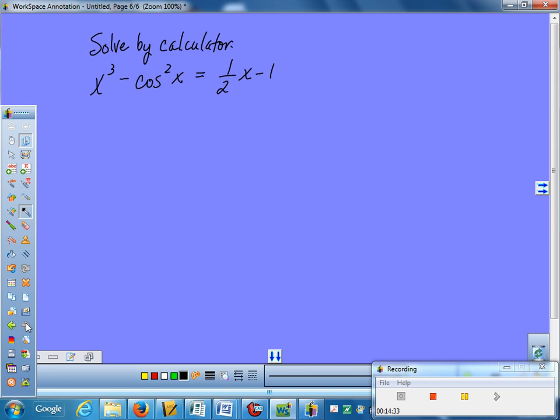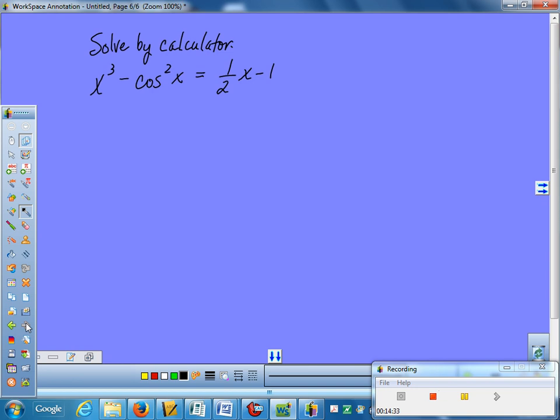Now there's one last one. You have one problem at the end of this assignment to solve by calculator, which means literally find the answer by calculator. How on earth would you do that? You're going to do it by graphing, and you actually have 2 ways you can do it. I don't care which way.